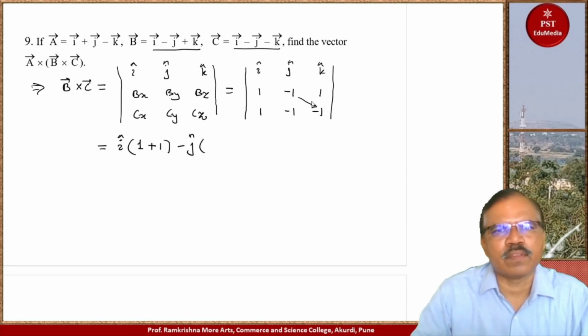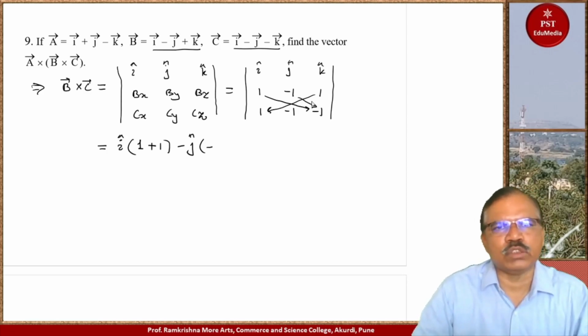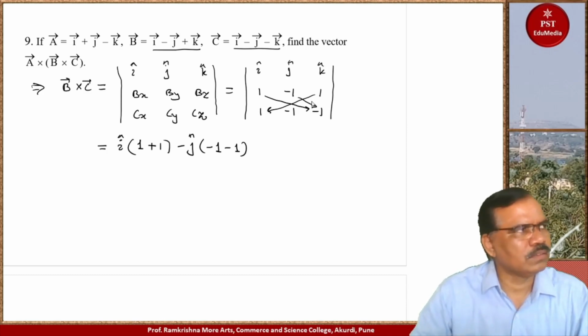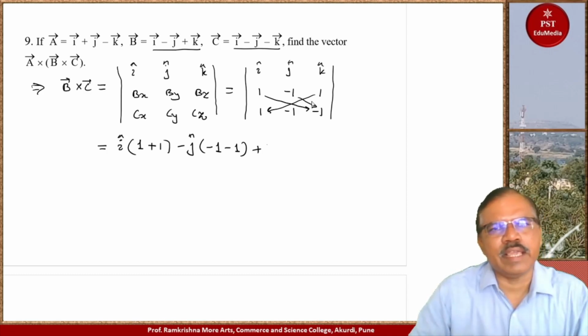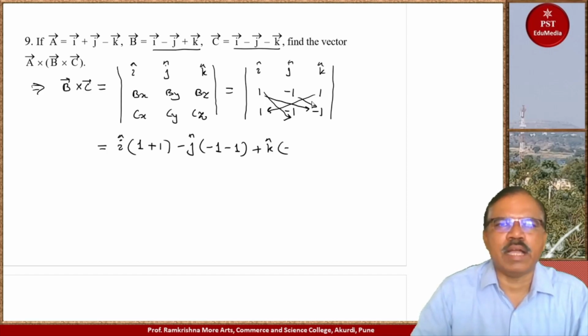Minus j. Now this into this minus this into this. So 1 into minus 1, that is minus 1, and 1 into 1, that is 1. So it is minus 1 minus 1. Plus k. Now here 1 into minus 1, that is minus 1, minus 1 into 1, that is minus 1.